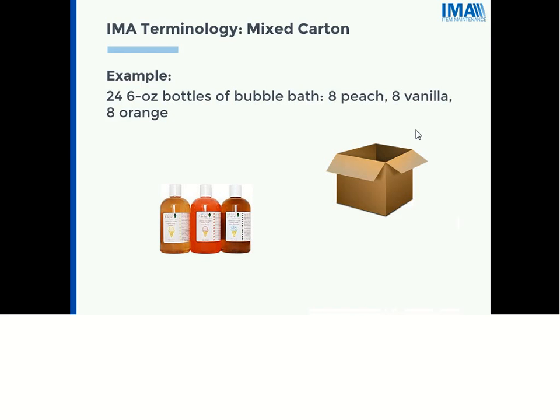So we know exactly how many peaches are being ordered, how many vanillas, and how many oranges. Now, once they actually get that order and it gets to our stores, we cannot track the sales at those individual scent levels. We won't know how many peach, vanilla, or orange we're selling. We will only know how many bottles of bubble bath we're selling.